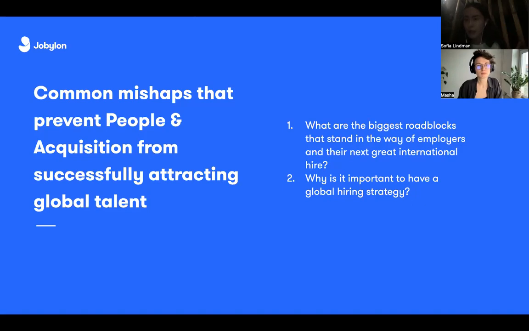It can be quite complex to navigate, people behaving differently, people applying for jobs in a different way. So where do you start in that nest of global hiring?